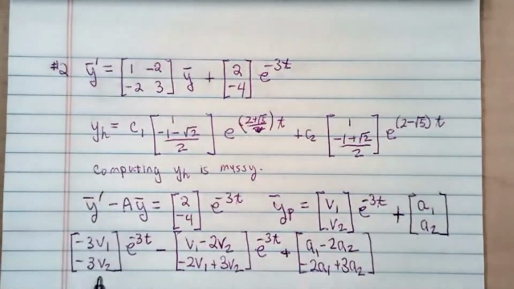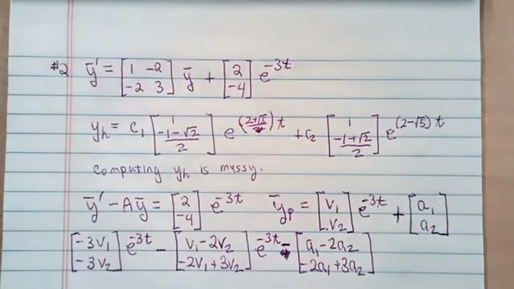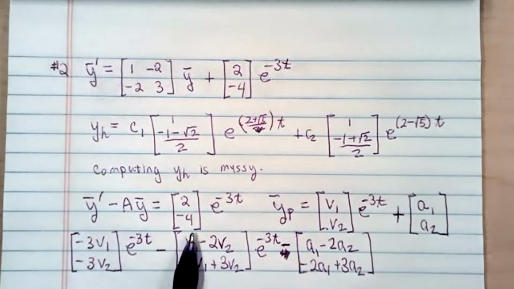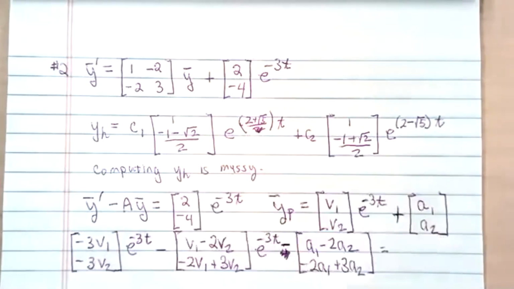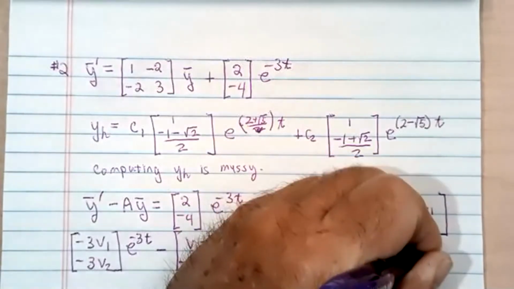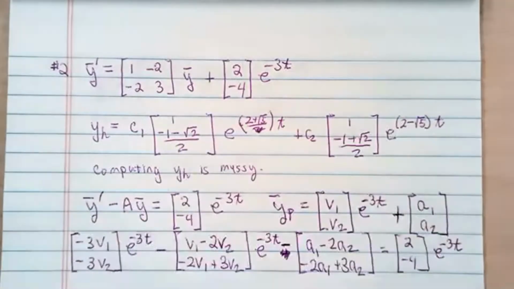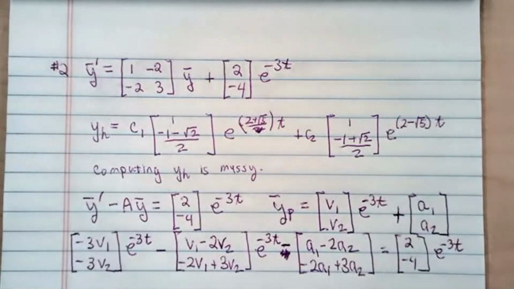Okay, so what I've written so far is y prime, that's this, minus A times y, except I forgot to write my minus sign here, so let's just insert that before it gets lost. Minus Ay, that's this, and then that's equal to the right-hand side, which is 2 minus 4 e to the minus 3t. And let's see.